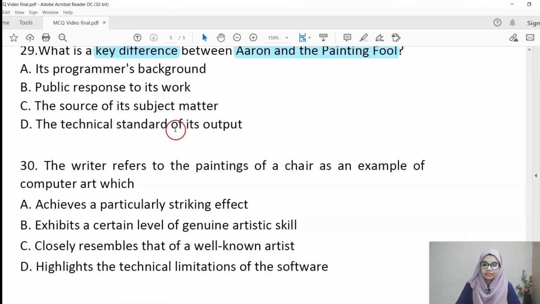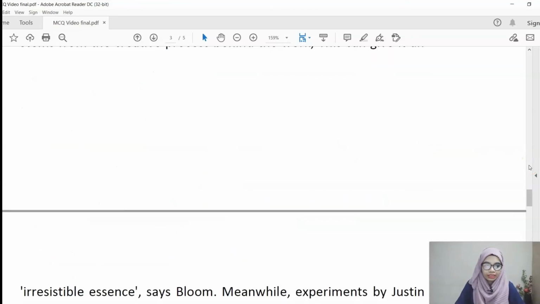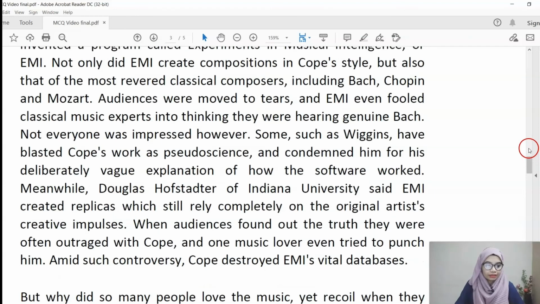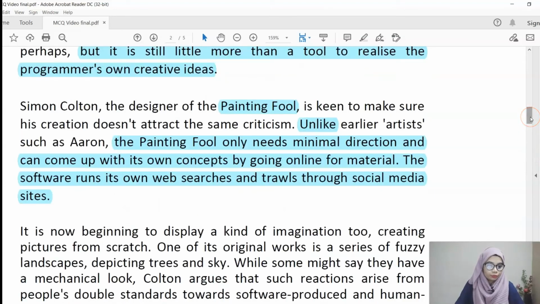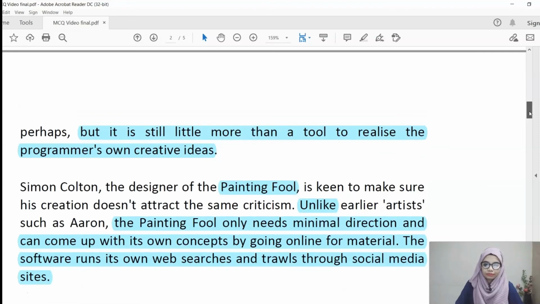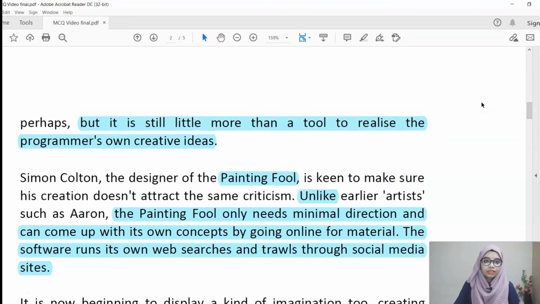Let us look at D, the technical standard of its output. Since I've read the paragraphs twice or thrice already, I know that there is no such mention of the technical standard of its output. So the source of its subject matter is the answer, because it says so very clearly, and we have read it and read it again, and we now are sure. While solving MCQs, it is pretty common to read the passage again, read the paragraph again, go back, read the questions, go back, read the paragraph, because you have to be sure about your answer.